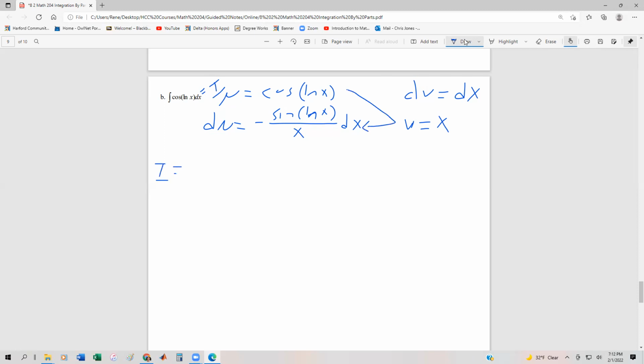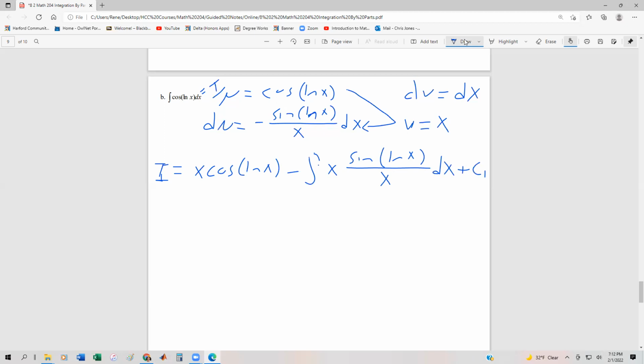And so the original integral I is going to be equal to x cos ln x minus the integral of v du, which is x sine ln x divided by x dx plus c1.